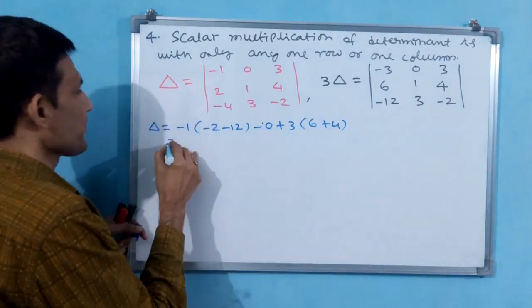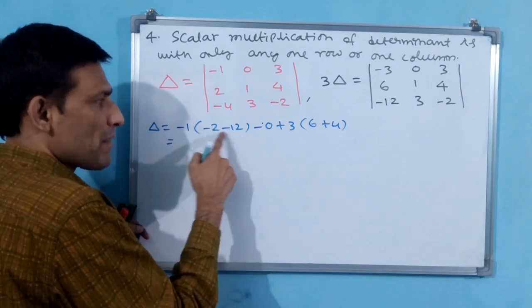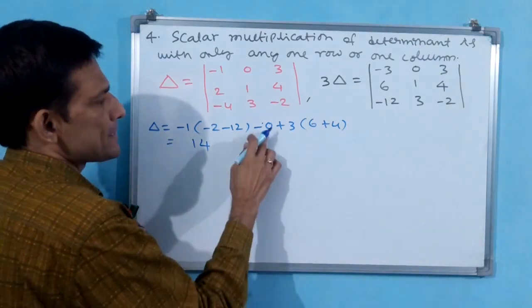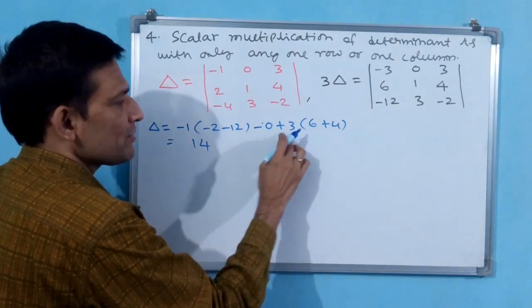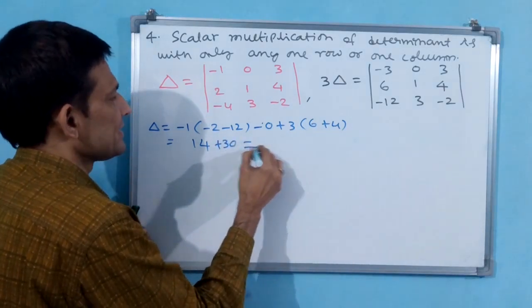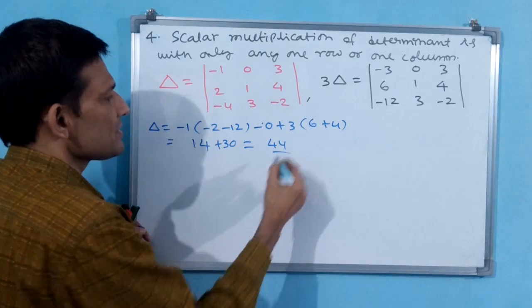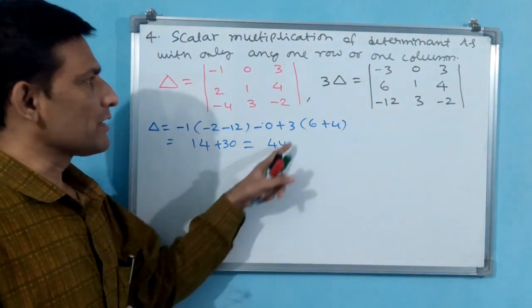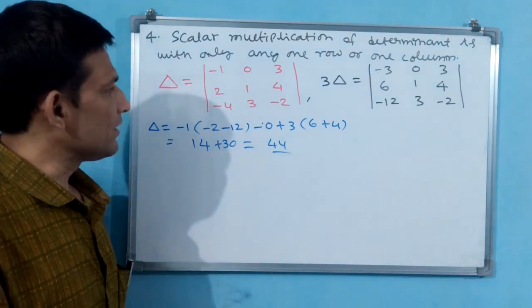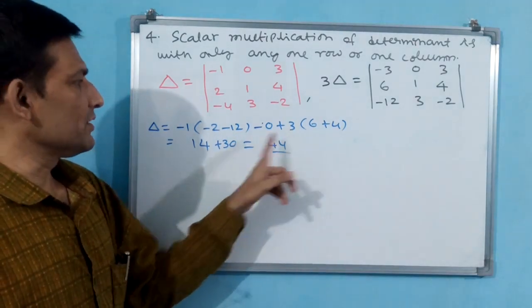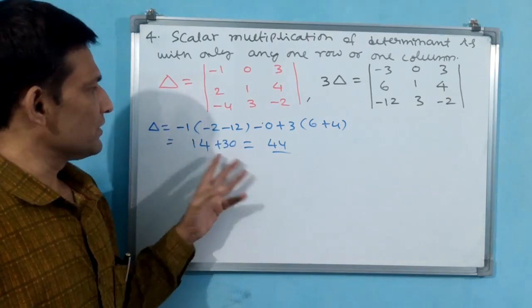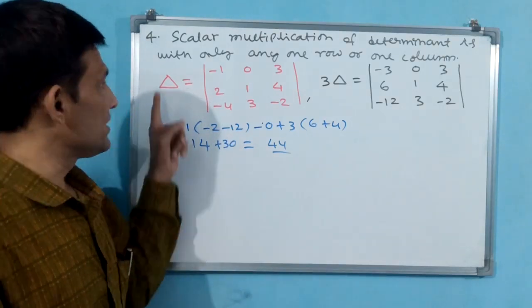Minus 14 into minus 1 plus 14. 10 into 3, 30, plus 30. That means 44 is the value here. 6 plus 4, 10 into 3, 30. And minus 14 into minus 1 plus 14. 30 plus 14, 44. 44 will be the delta.